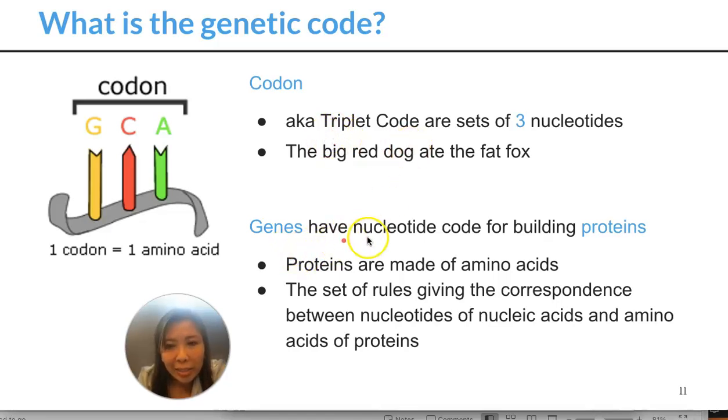So our genes have this nucleotide code that's done in 3, and it's going to be the building block for proteins. Proteins, as we learned when we did macromolecules, are made of amino acids. The amino acids are the monomer. It makes a polymer, which is going to be the polypeptide.